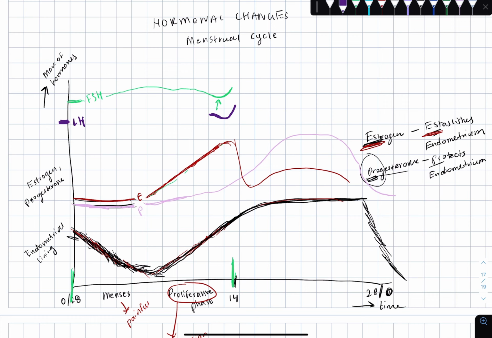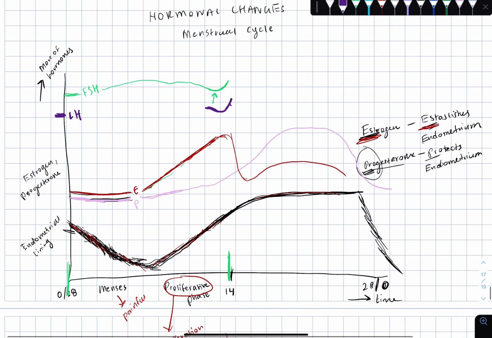So you can imagine that since progesterone is released, not by luteinizing hormone, but by the corpus luteum, the luteinizing hormone is not that high up until when we start to see this peak in progesterone.